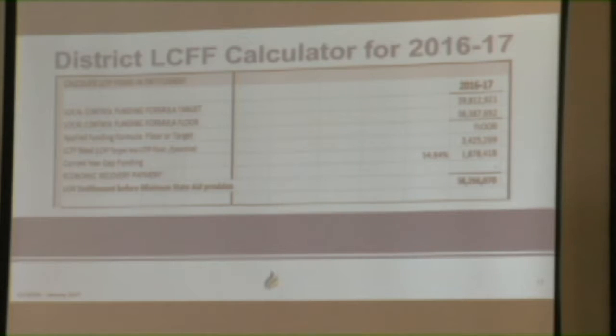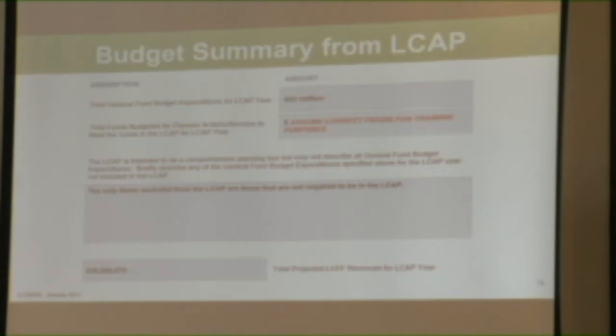So you've got some sample numbers in front of you, and I'm trusting that everyone has identified the answers as Martin has pointed out. So here's a sample section filled out for you. You'll note that in the second box, which is supposed to show the total funds budgeted for actions and services, because it would take far too long for you to try to go through an LCAP and find all the actions and services and add up the numbers, we're assuming that that box is correct.